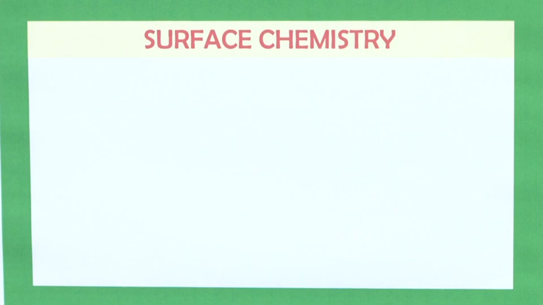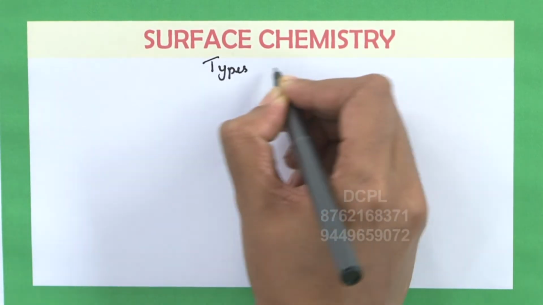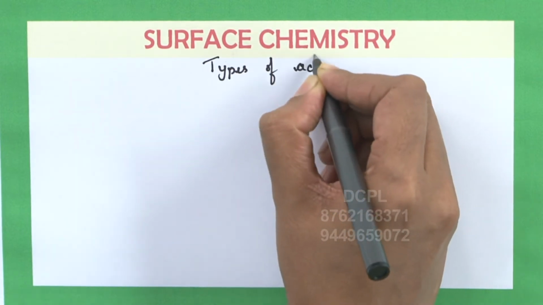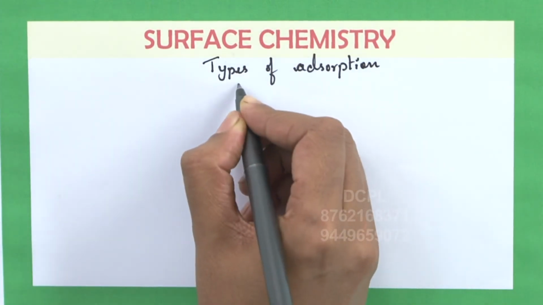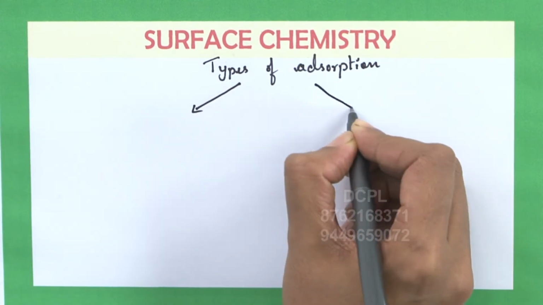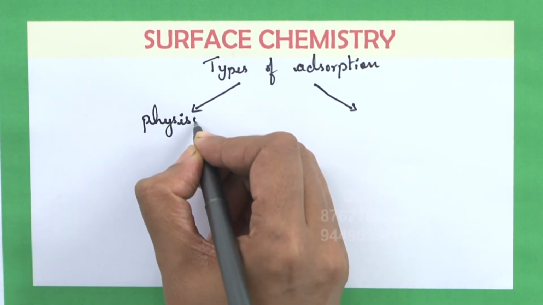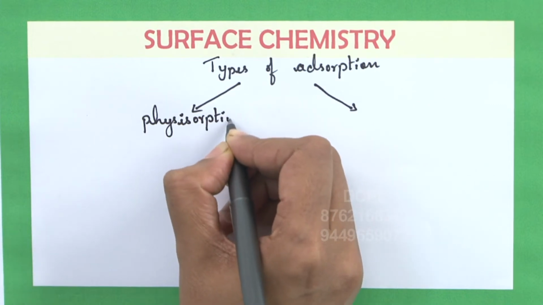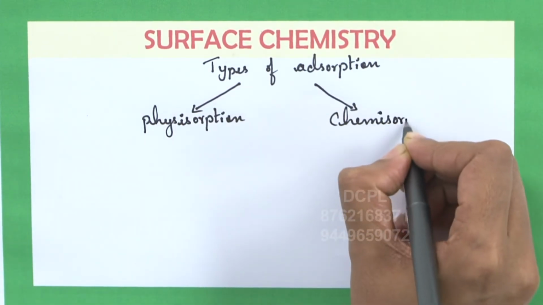These are the two types of adsorption. First one is physisorption. Second one is chemisorption.